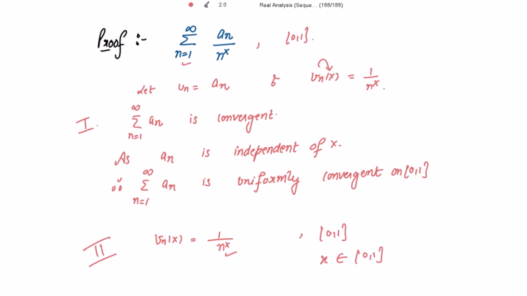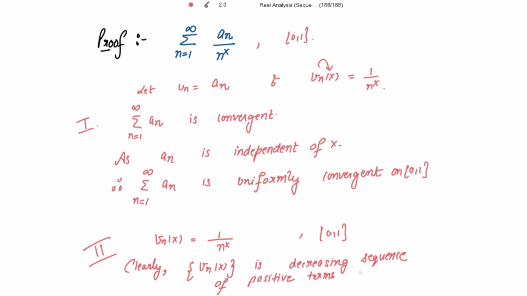So writing this clearly, Vnx is a decreasing sequence of positive terms on the closed interval 0, 1. Now moving on to the third condition, to prove that Vnx is uniformly bounded.